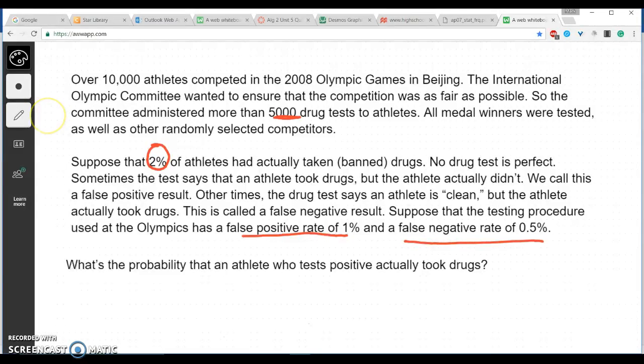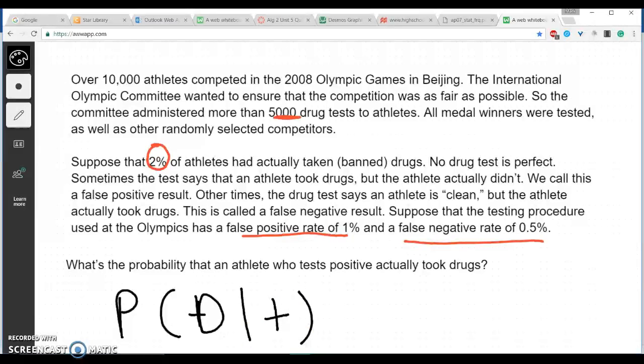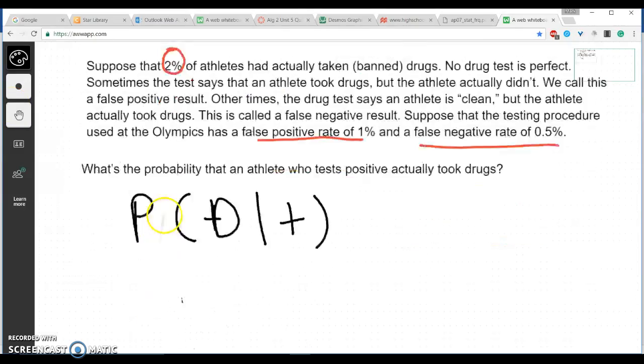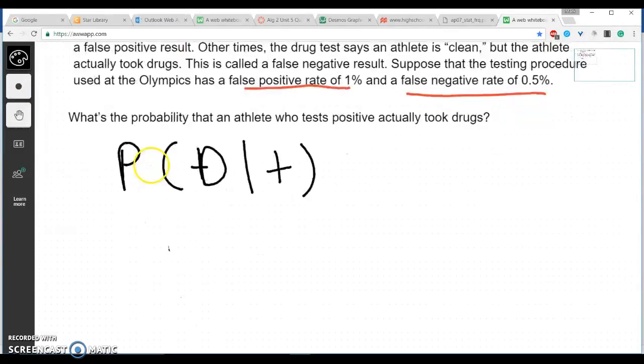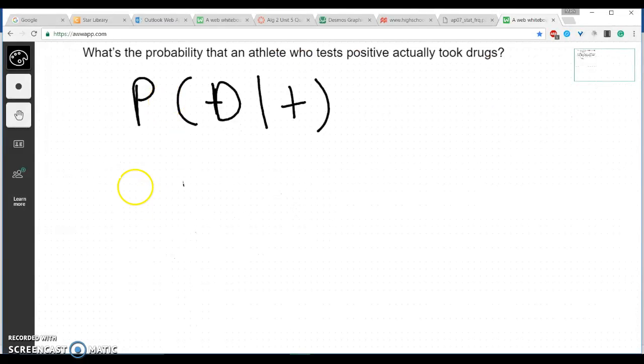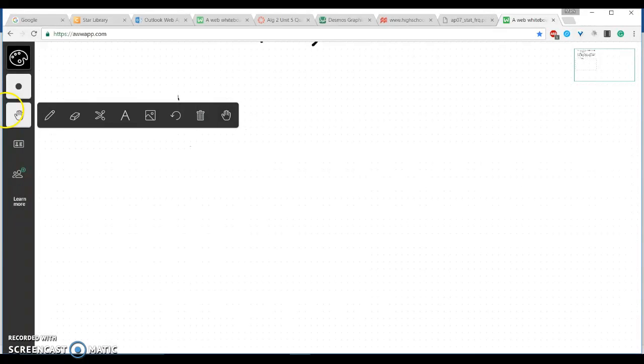So our conditional probability we're trying to find is the probability that they're on drugs given that they're positive. Okay, so our sample space is only the amount of athletes that tested positive. So we're going to make a tree to try to model this situation.